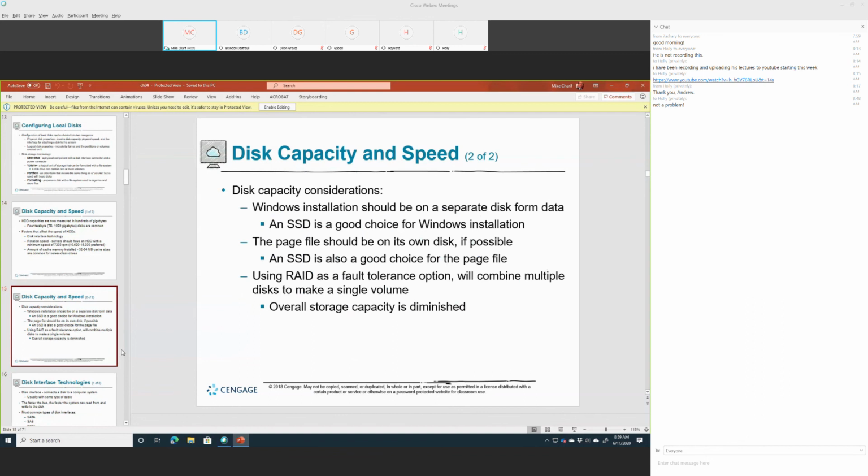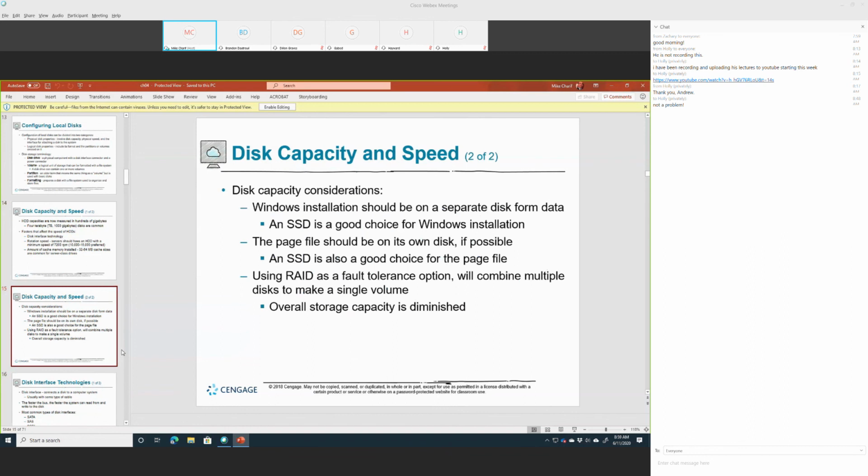Okay, Windows installation should be on a separate disk from data. That's what we talked about. You don't mix oranges with apples and bananas. So it's a good idea for performance reasons and for data recovery reasons to separate your files.